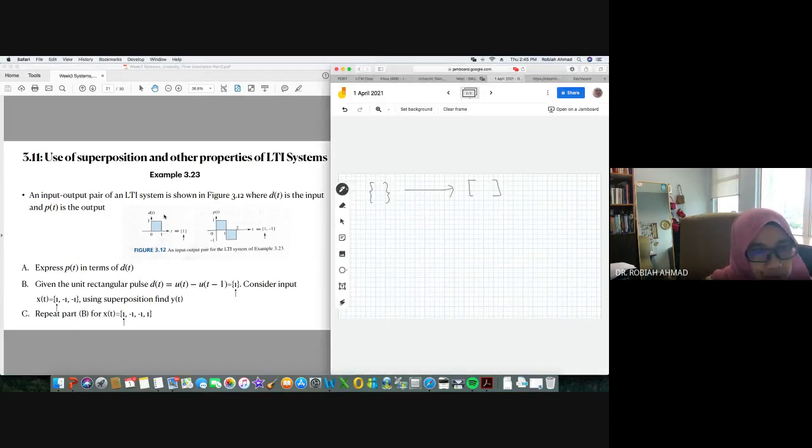Jadi kita punya input output pair. So this is our LTI. Ada dt, in this case is dt and then the output here is pt.